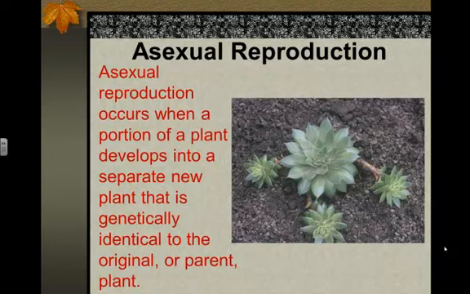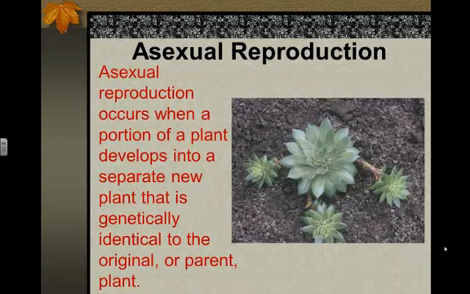So you have the same DNA in the offspring as the parent, because it's just through mitosis. The only way you would have any changes would be through mutations. So asexual reproduction occurs when a portion of a plant develops into a new, separate plant that is genetically identical to the original or parent plant.